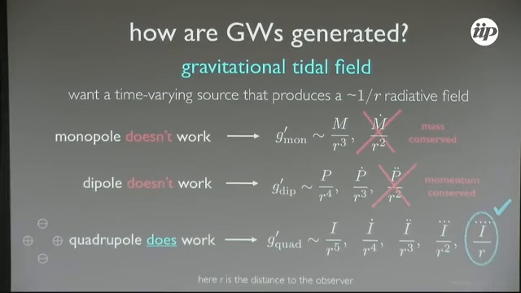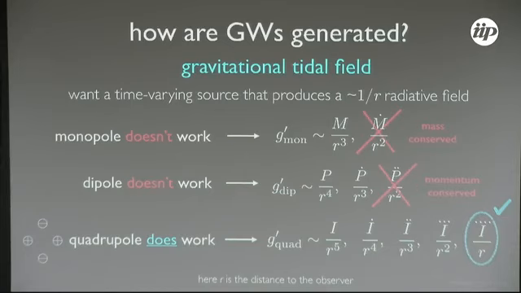The gradient of the dipole will fall as 1 over r to the 4th power. Then you take a derivative, and 2 derivatives, but you can't, because 2 derivatives of the dipole moment is actually momentum, and so that's also conserved. And so this is 0.